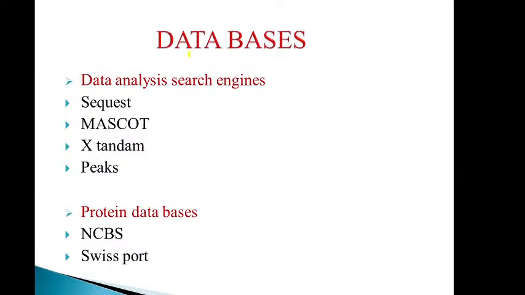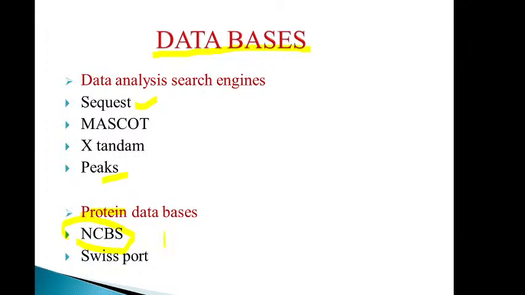Now another term in proteomics is databases. What do you mean by databases? Like in DNA, I already told you the sequences are stored somewhere on some software. Similarly here we have some software. For data analysis, we have Sequest, Mascot and Peaks. All these are data analysis search engines where we are able to get the data. And if we are solely working on proteins, for protein databases we have NCBS.